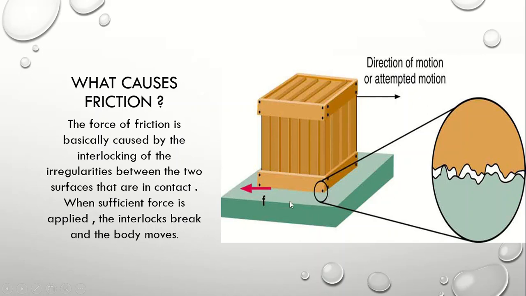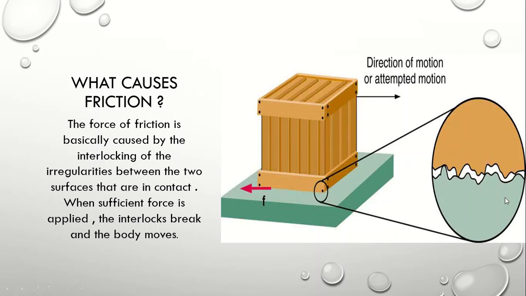You can see there is a surface over which a wooden block is kept, and we have considered a small point here. You can see a black point, and we can see a macroscopic view of this particular point. Students, do you know that surfaces like the table surface, the surface of a book, the ground floor look very smooth, but actually there are many minute irregularities which you cannot see.